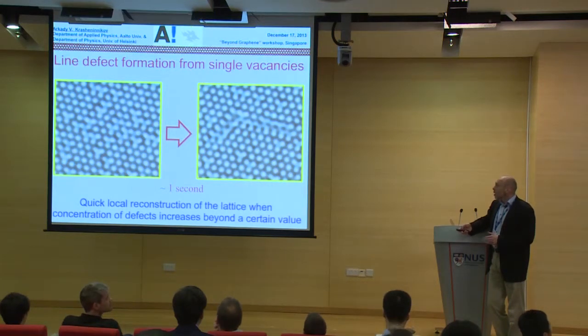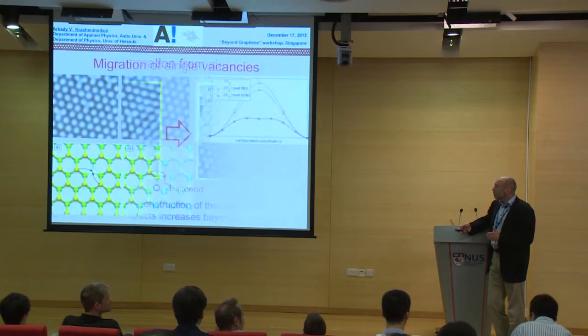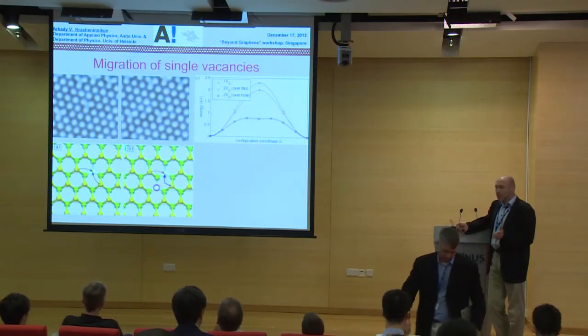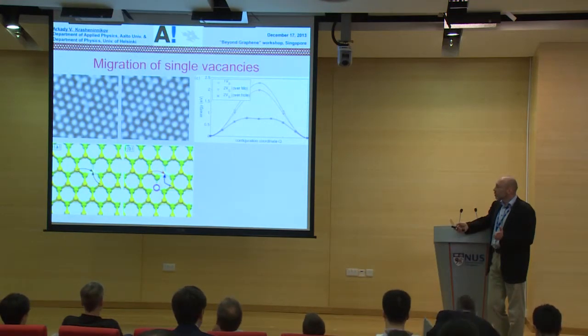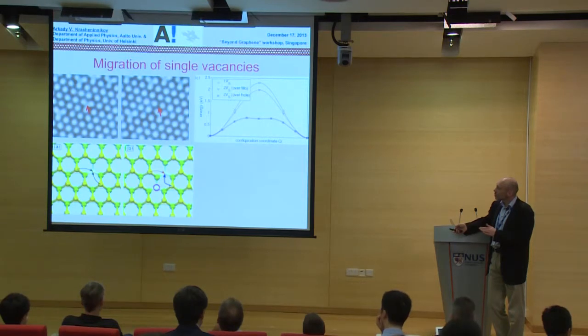How does this happen? Of course, migration can be responsible for this, and we indeed see that, for example, a vacancy which was over there migrated to a new position.